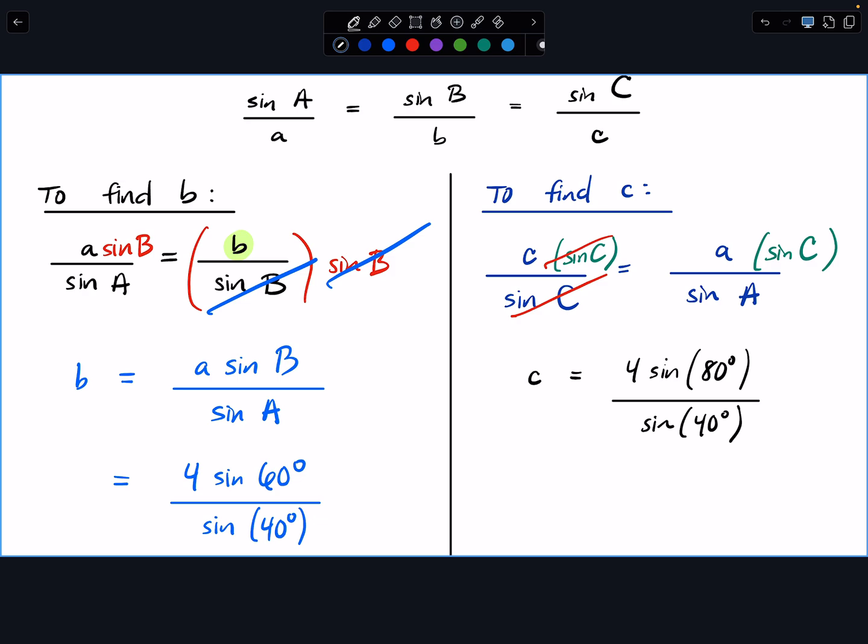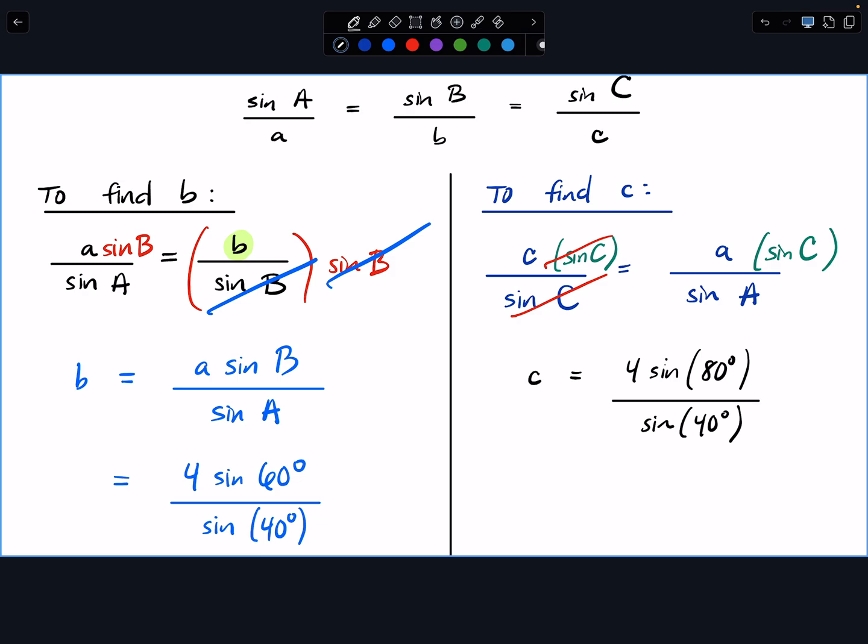I've been seeing some weird things the last couple weeks, and I just thought about this in case you guys do this. Is this 2? Please don't say, oh, 80 divided by 40, that's just 2. No, don't do that. The angles, don't do that.